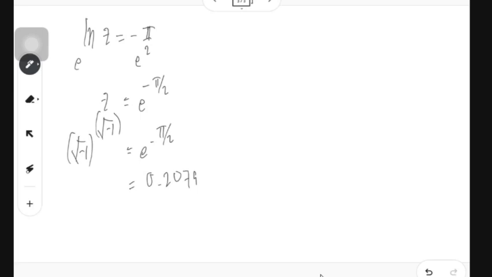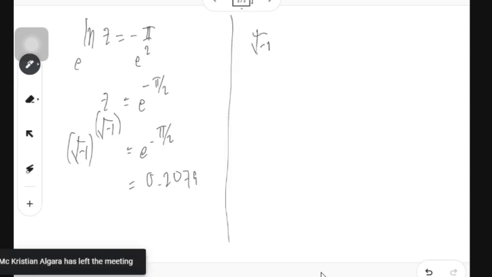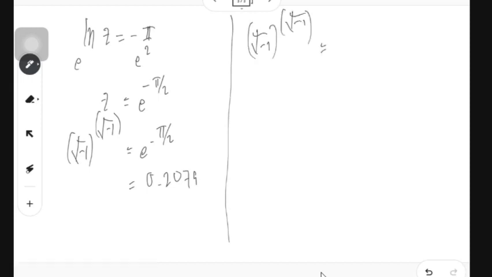Tingnan natin. Let's have the parallel analysis, then compare. Ano yung binigay? Square root of negative 1 raised to the square root of negative 1 can be written as j to the j.